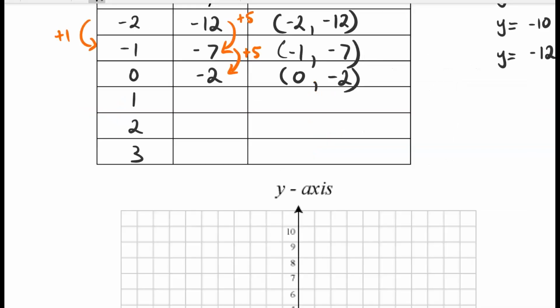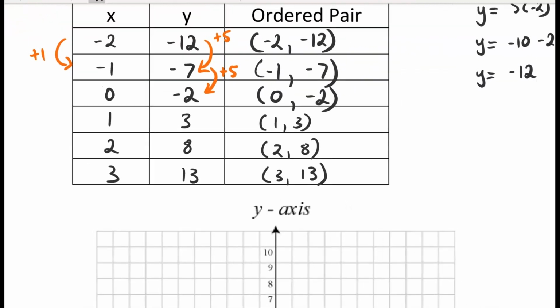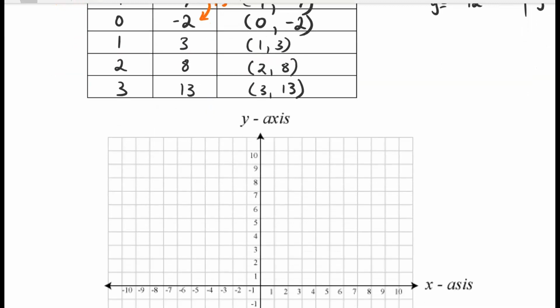From negative 2 plus 5 brings you to plus 3. 3 plus 5 takes you to 8, and 8 plus 5 takes you to 13. Now to write out our ordered pairs, x goes first, y goes second, and 3 and 13. So now we've finished off our ordered pairs.